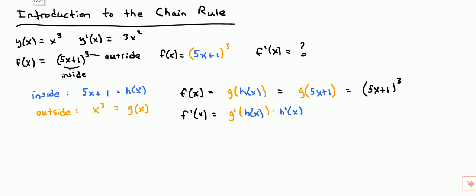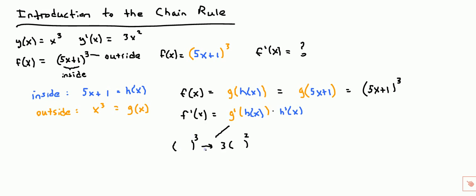For this one, what you want to think about is you have something cubed, right? What would the derivative of this look like? It's going to be 3 times something to the 3 minus 1, or 2. This is taking the derivative of the outside. You don't care what's in the brackets, right? You don't care what's in the parentheses.